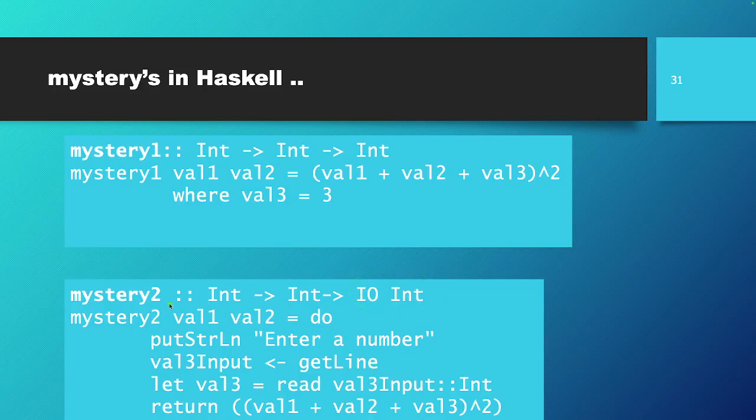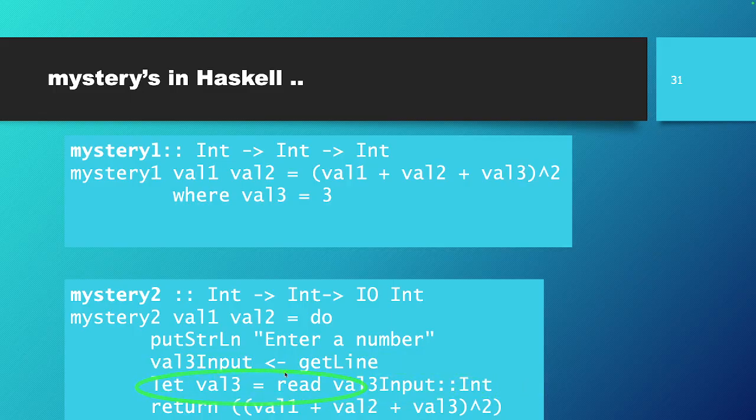So we have our do as well, and we're saying enter a number, so that's just to the user, and the getLine here is val, so that reads in the val. Now we're going to have a look at this in a moment, but you see that read there.